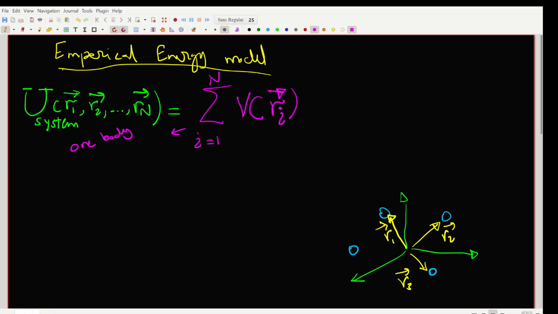And the one body term is, for example, the effect of external fields. If there is an electric field in this direction, then this electric field will induce force and definitely energy for each one of these atoms.